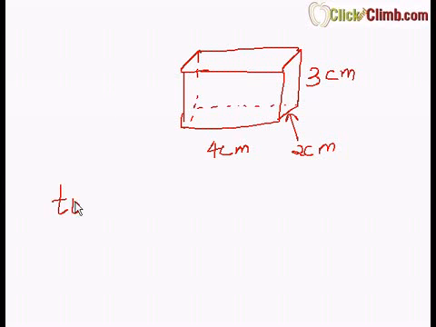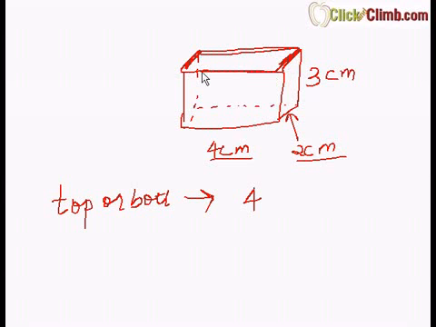So the area will be 4 times 2, because this is 4 centimeters and this is 2 centimeters, and this one is the top side. So that's why we are considering these two dimensions, 4 and 2. Alright, now 4 times 2, we already know how to find the area. So 4 times 2 will be 8 centimeters squared.